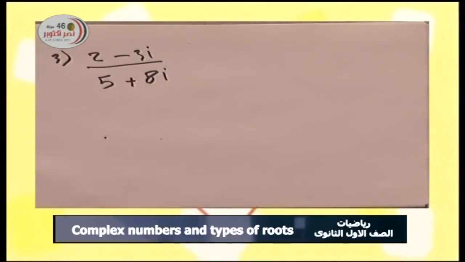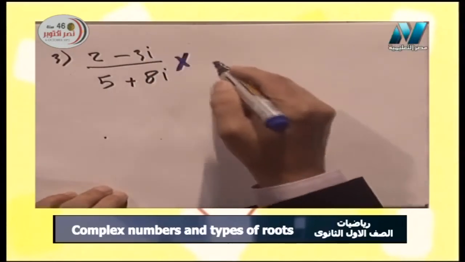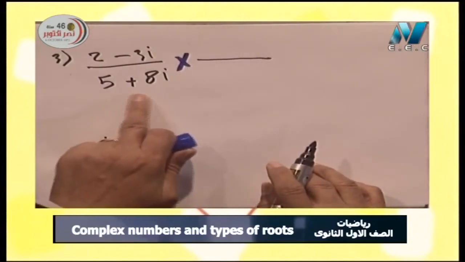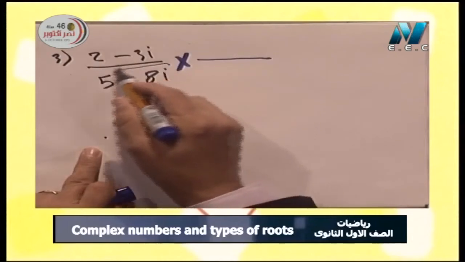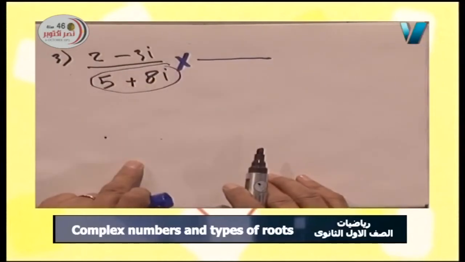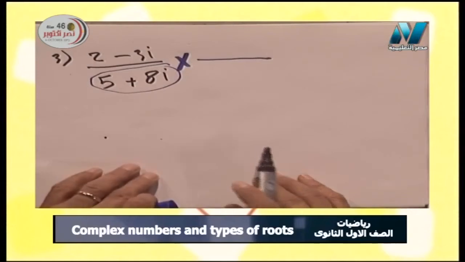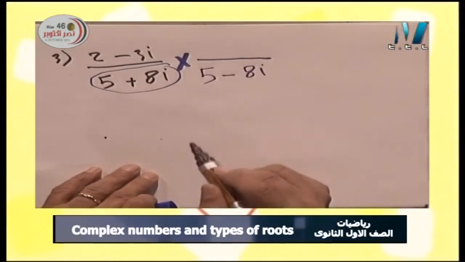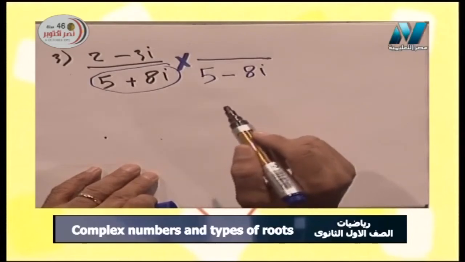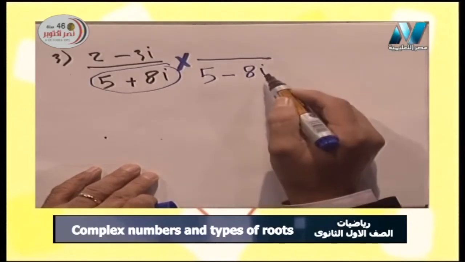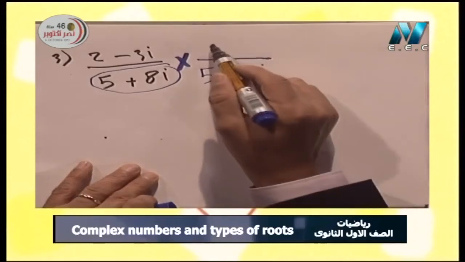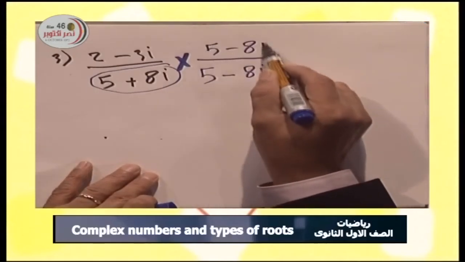We multiply numerator and denominator by the conjugate of the denominator. 5 plus 8i is the denominator here. Try to find the conjugate of 5 plus 8i. The conjugate will be 5 minus 8i. And we must multiply the numerator and denominator by the same number, which is 5 minus 8i.